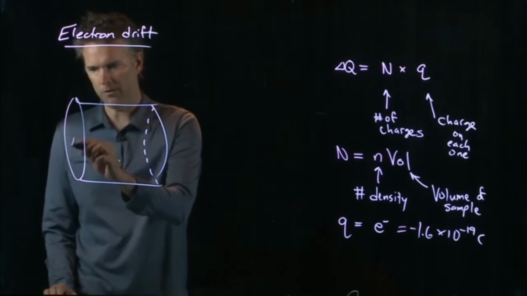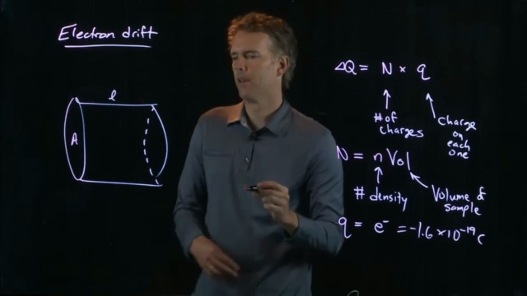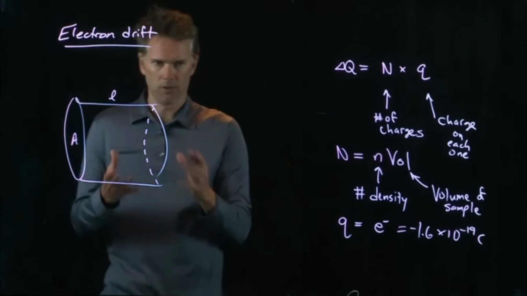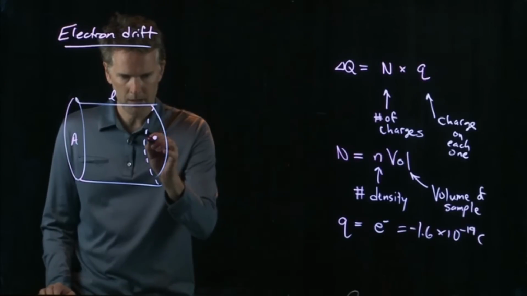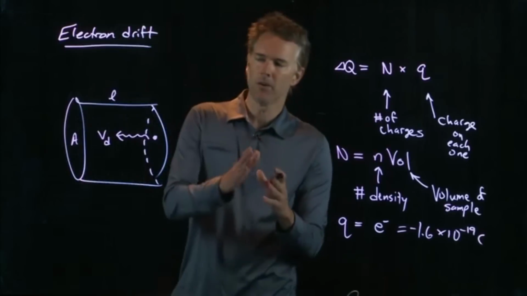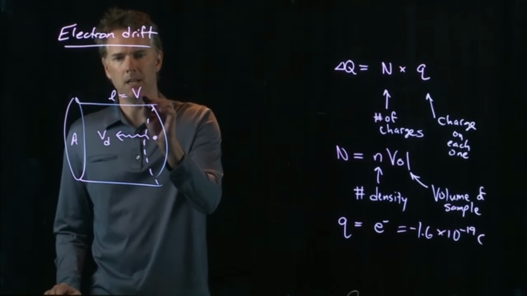It has cross-sectional area A, and it has a length L. L is related to the drift velocity because if I think about an electron moving along at V_d, it's going to cover L in an amount of time, delta t.